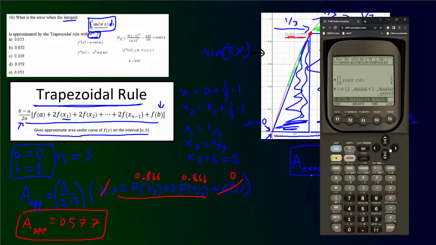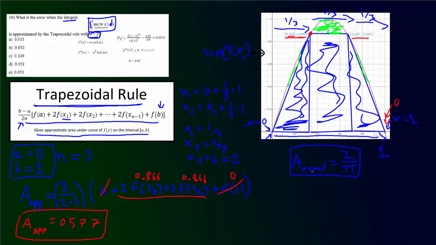So now the question is, what's the error? The error is going to be the difference. If we take away the calculator, we have the exact area and the approximate area, and the error is the difference between them.